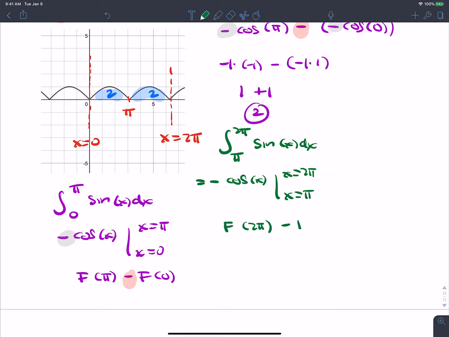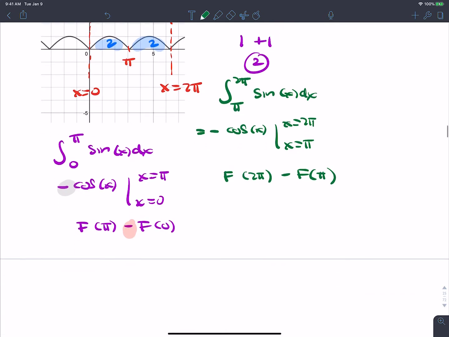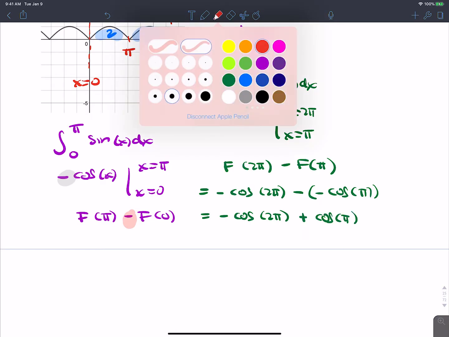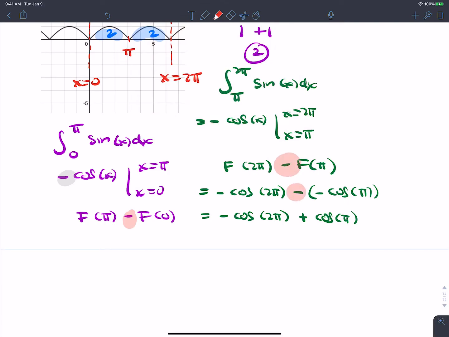F of 2 pi minus f of pi, which will give you minus cosine of 2 pi minus cosine of pi. I can simplify a little bit. Because let's double check. We do have that subtraction. The antiderivative function right here is negative. Has that appropriate sign there, so we have to check that.